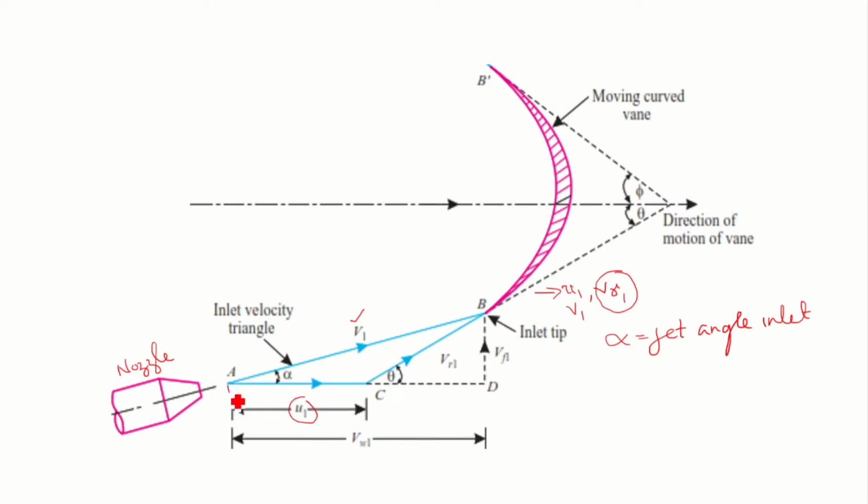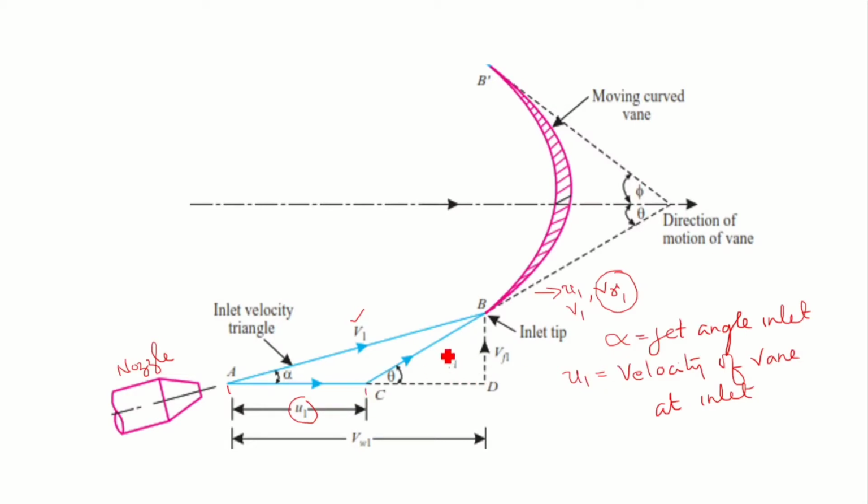This distance AC is represented as u1, the velocity of the vane at the inlet. We consider the absolute velocity with which the jet issues from the nozzle, and the vane has a velocity u1 at the inlet.